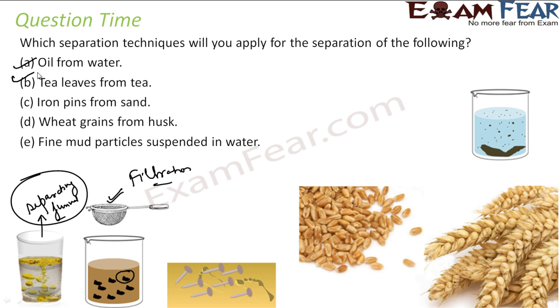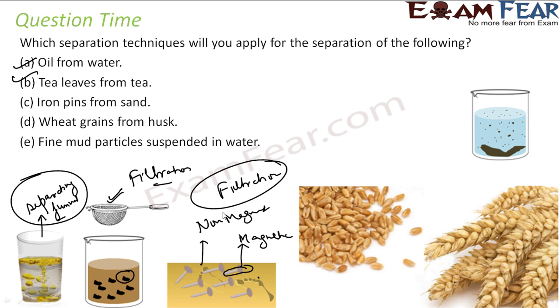The next is iron pins from the sand. Sand has some iron pins. One thing you can do is use the magnetic property. Iron is magnetic, it is attracted toward magnets. The sand is non-magnetic. Or if the iron particles are big in size and sand is small, you can use filtration also.